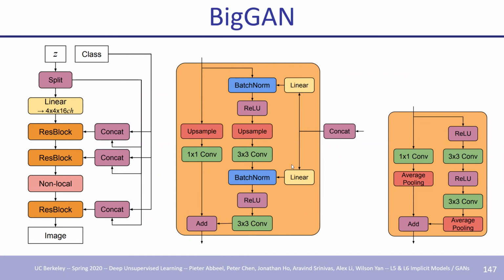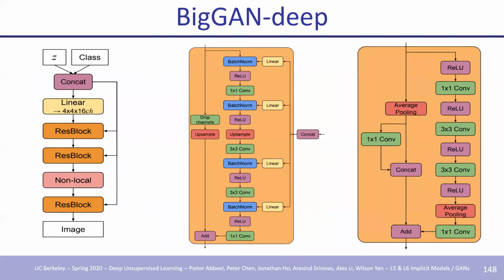And then some concatenation at the batch norm. And this one, res block, I think this is the last one, but it's a combination of the same things. And this is BigGAN-deep, so there are just more of these.